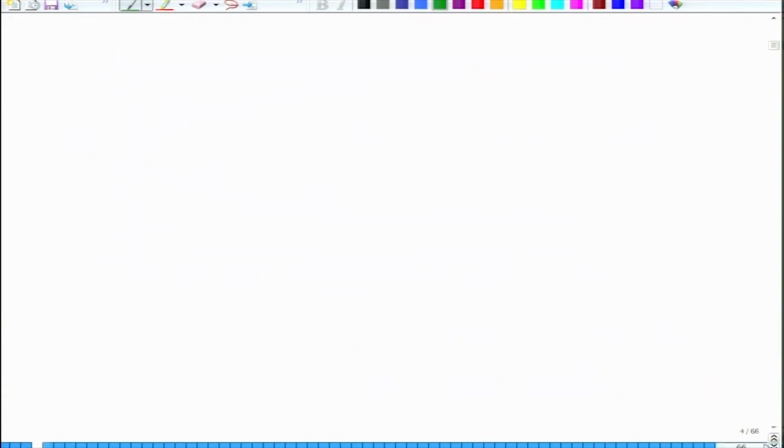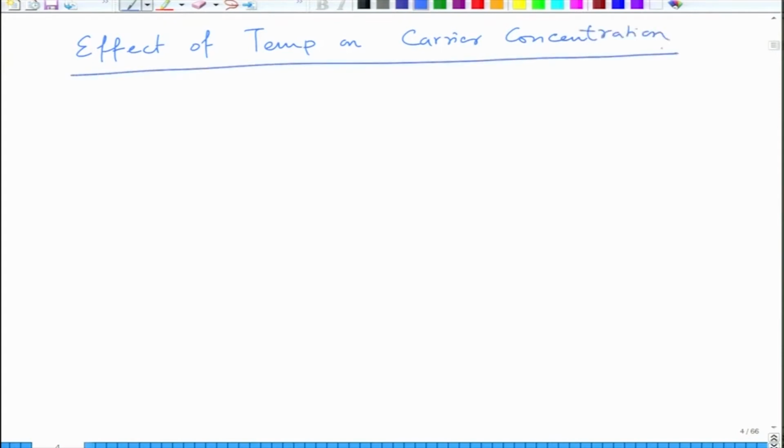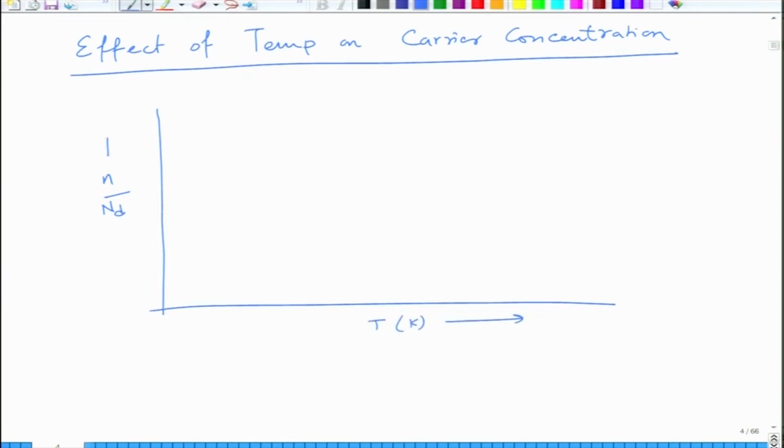Now, let us look at the effect of temperature on the carrier concentration. So, let us see. Now when you plot, let us say for an n type semiconductor, n divided by let us say Nd, okay, as a function of temperature in Kelvin, okay.